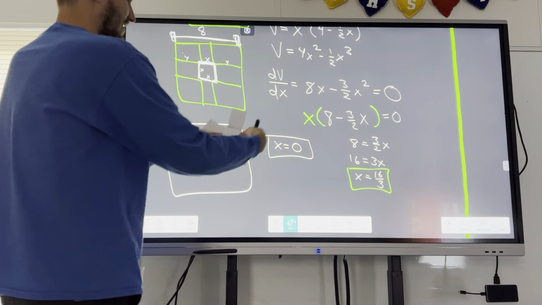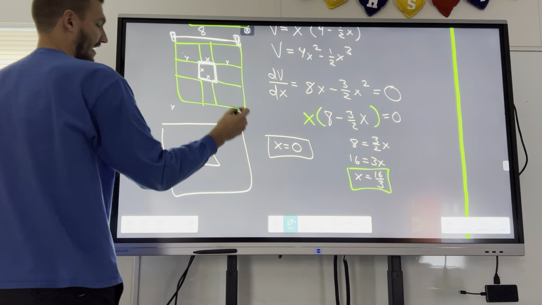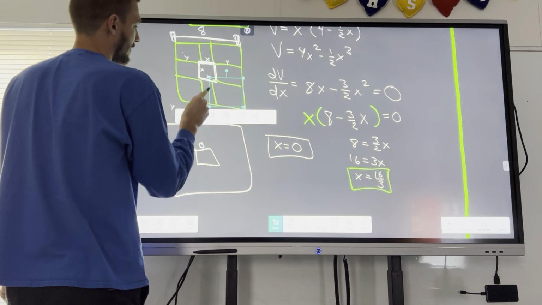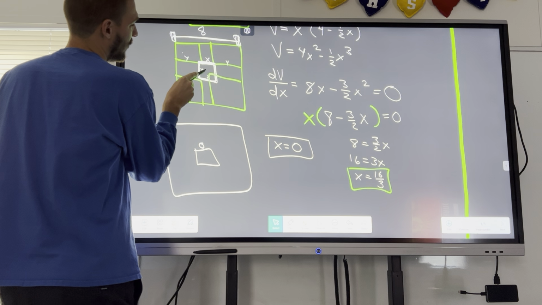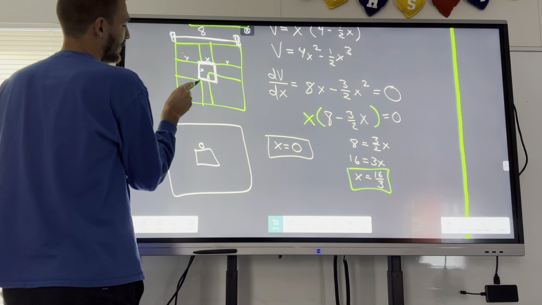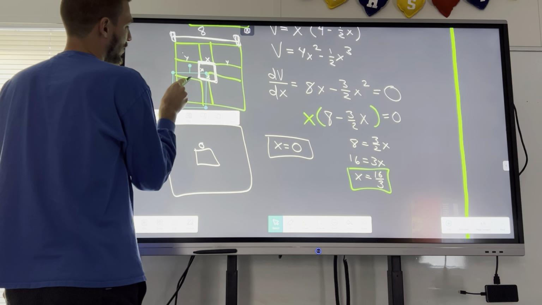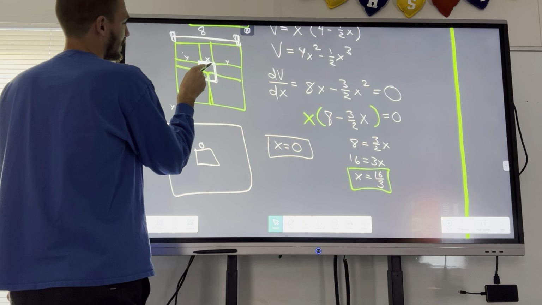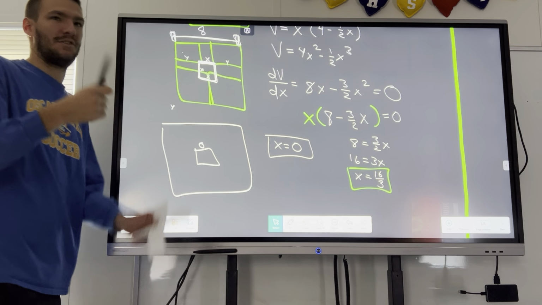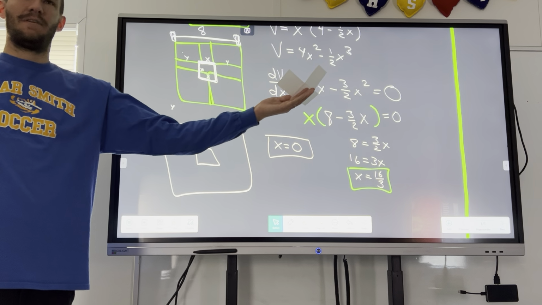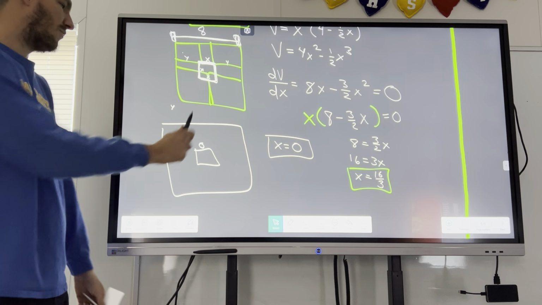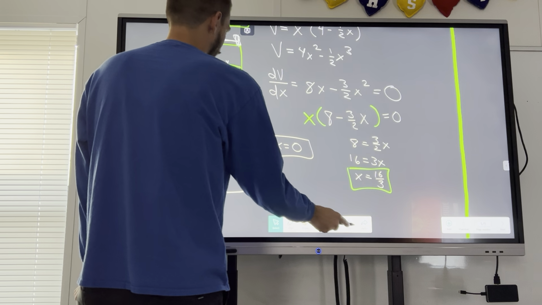The 0 represents when I started and I cut my squares and I cut all the way to the point where I cut out exactly a quarter of the box. And I just cut the box into 4 corners and all the pieces fell to the ground and there's no more box. So what do you think 0 represents?